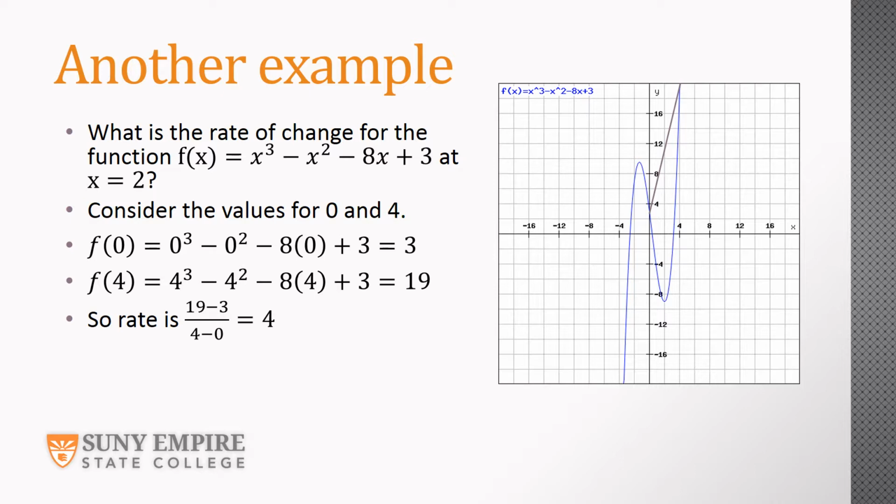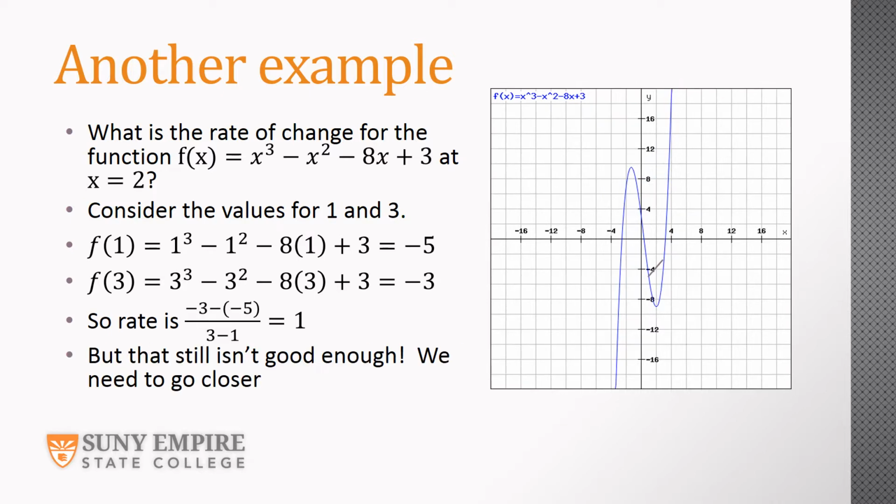But if we look at our graph, it sure looks like the graph has a turning point at x equals 2. A line tangent to the graph appears like it would be perfectly horizontal, and therefore have a slope of 0. So how can we get a better approximation? What happens if we move closer to the target value of 2? What if we consider the values for x equal to 1 and x equals 3?